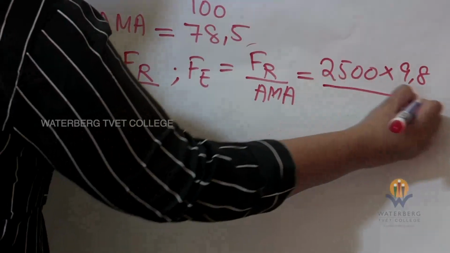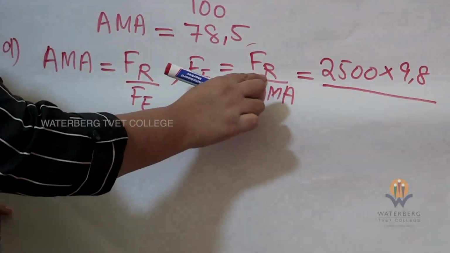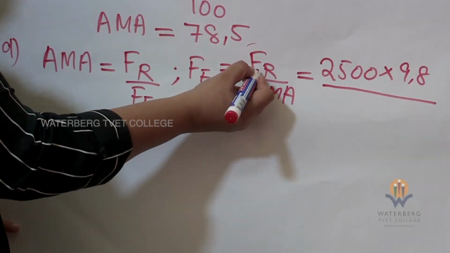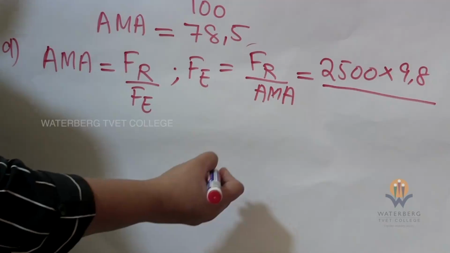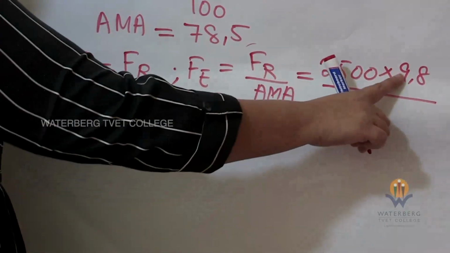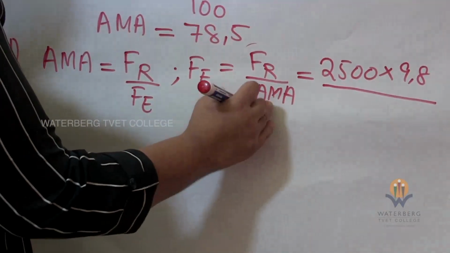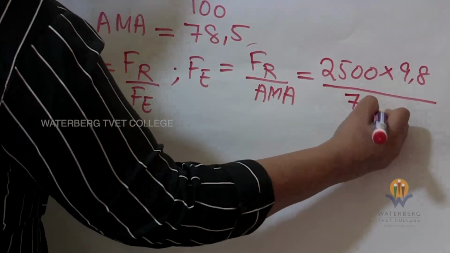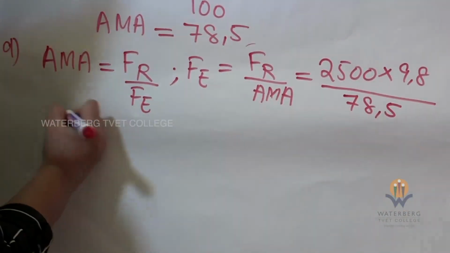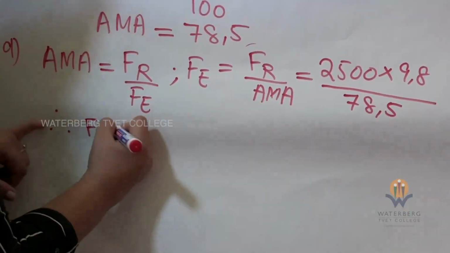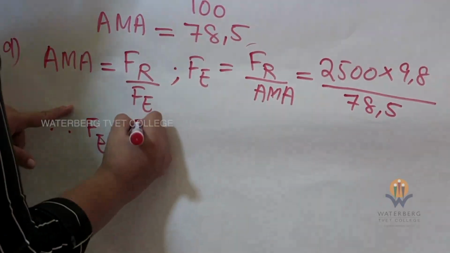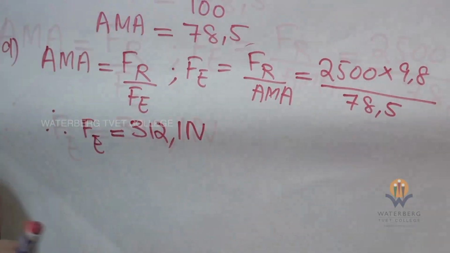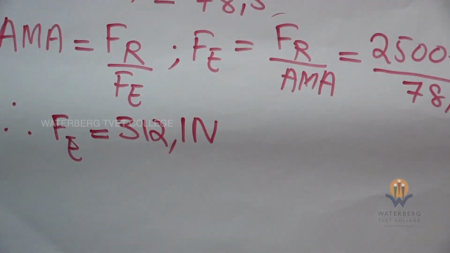We discussed this in the previous question: if the mass of the object is given, we can calculate the resistance force by using the formula W equals mg. So it's m times g, 9.8, over the actual mechanical advantage we calculated in part C, which is 78.5. Therefore, we get effort force Fe equal to 312.1 Newton.